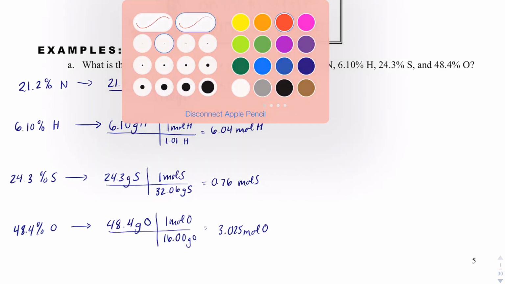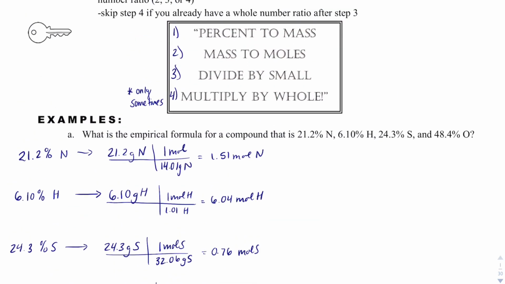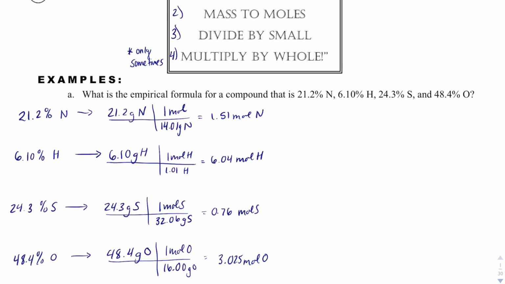Okay, now I'm going to look at step 3, and I'm going to look at all my moles that I have, and I want to divide by the smallest one. And so when I look at all these moles, it looks like sulfur is the smallest one. So I'm going to divide everything by 0.76.